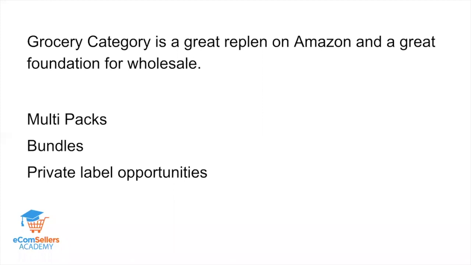We did merchant fulfilled because we couldn't get the items in FBA in time, because the grocery category was just so huge and so vast, and the velocity was unbelievable.